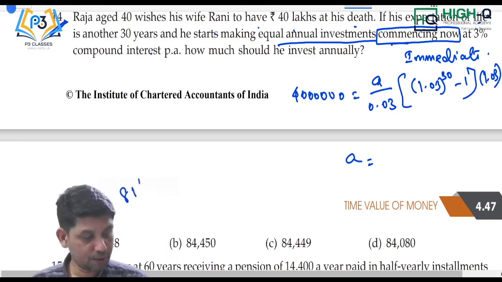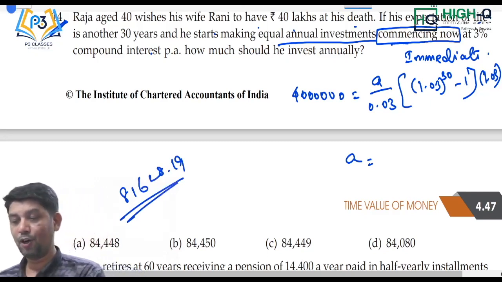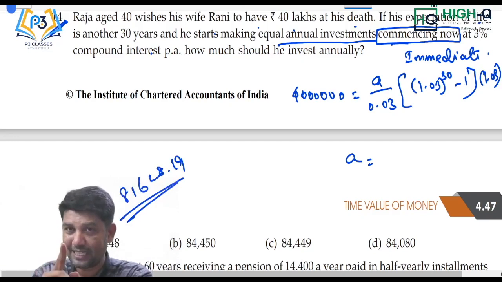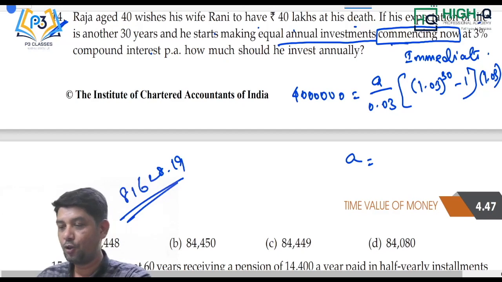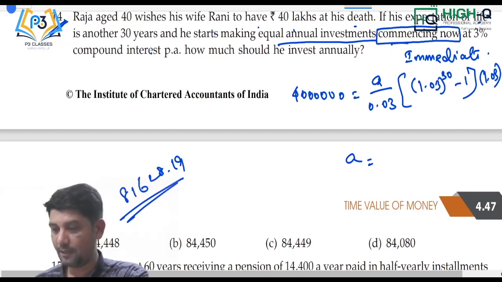Do we have it in the options, my dear? No. So you have to be very careful. But this option was given in the exam when the question was asked. So don't go with this answer. It is clearly given commencing now, which means immediate annuity.